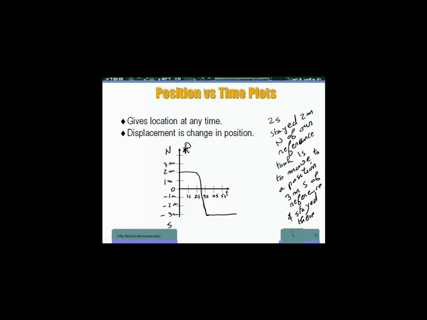When I look at a graph like this, I can determine the position at any of these times. For example, if someone tells me, where was that person at time t equal 4.5 seconds? And I come here, 4.5 seconds, so at minus 3 meters, or 3 meters south of the reference.